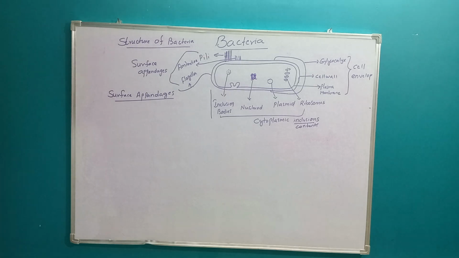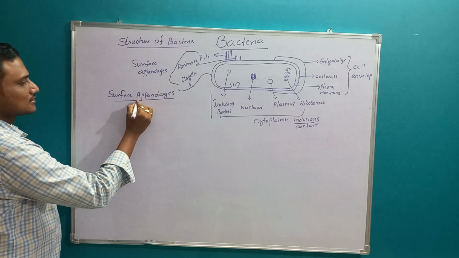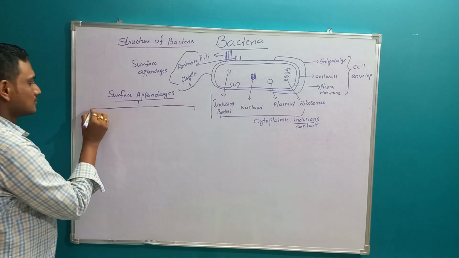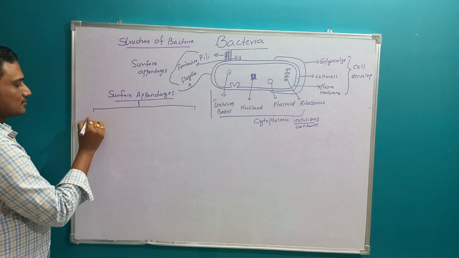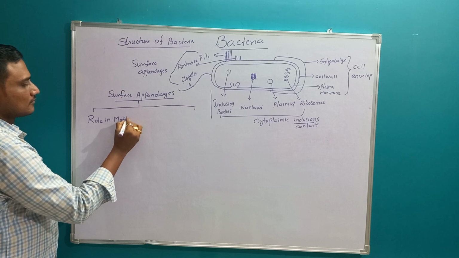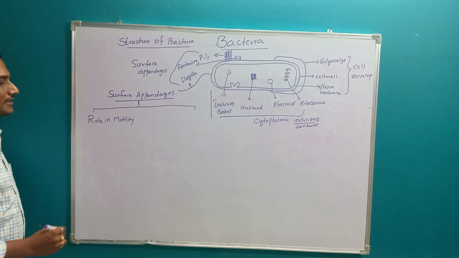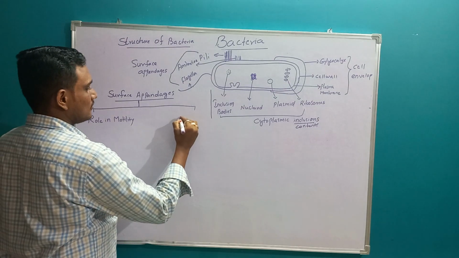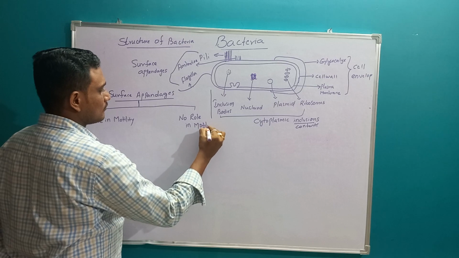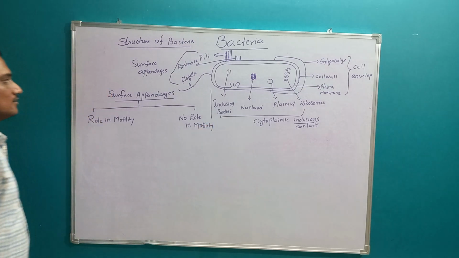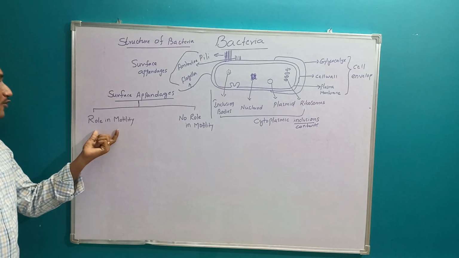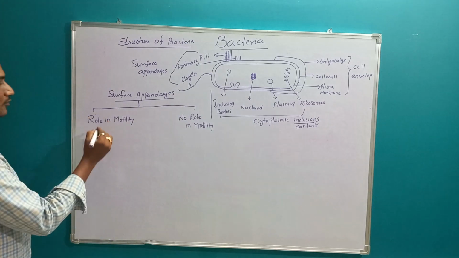Surface appendages. For our convenience of study, we can divide them into two types: those with a role in motility, and those with no role in motility.